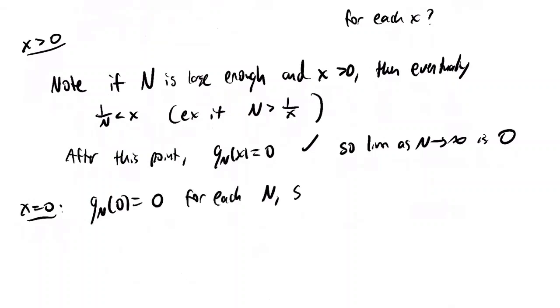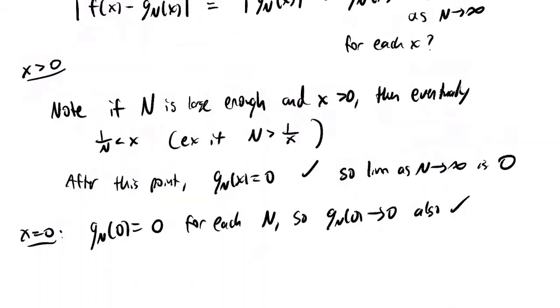So we're okay here too. gn of 0 trivially converges to 0 because it's equal to 0 at every point. And so these two cases show that we indeed have pointwise convergence.